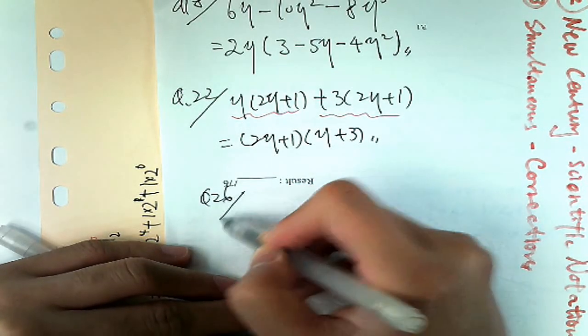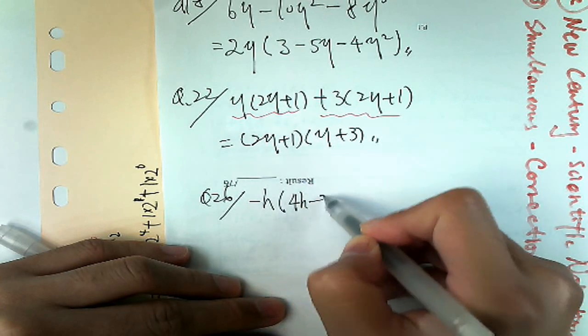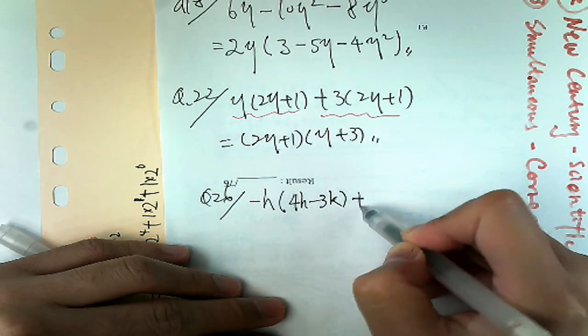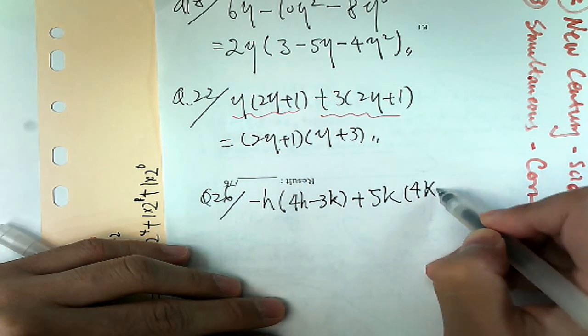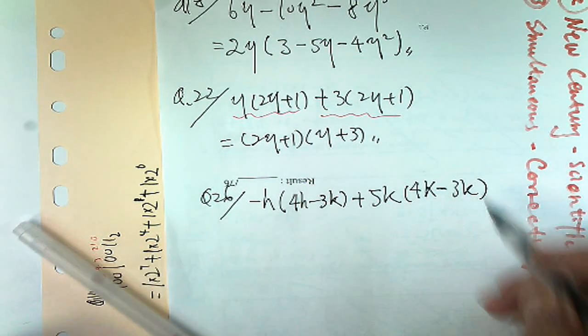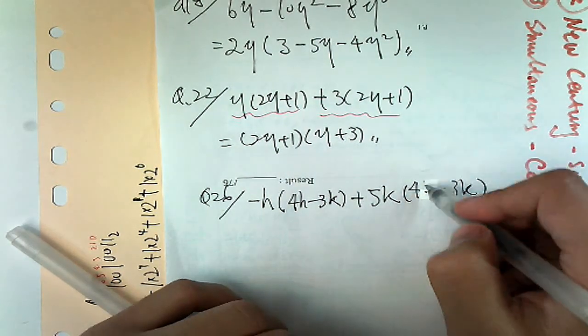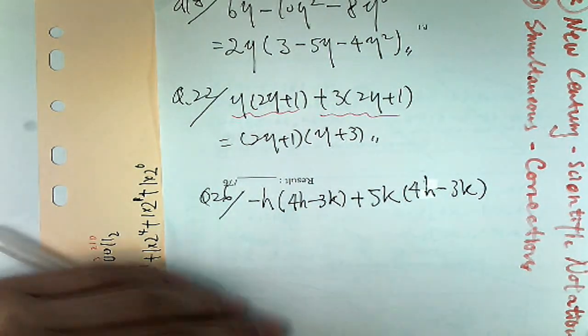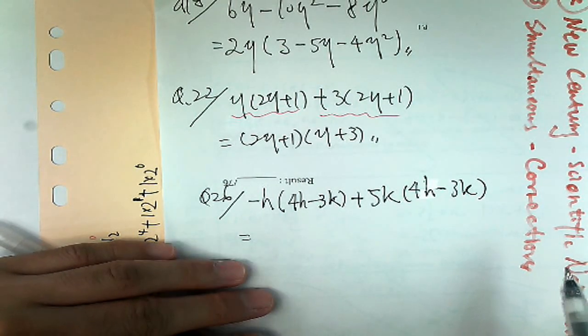26. Okay, 2(6 - h)(4h - 3k) + 5k(4h - 3k). It's a wrong copy. Yeah, this is actually h. So these two big terms have the 4h - 3k bracket in common, right?